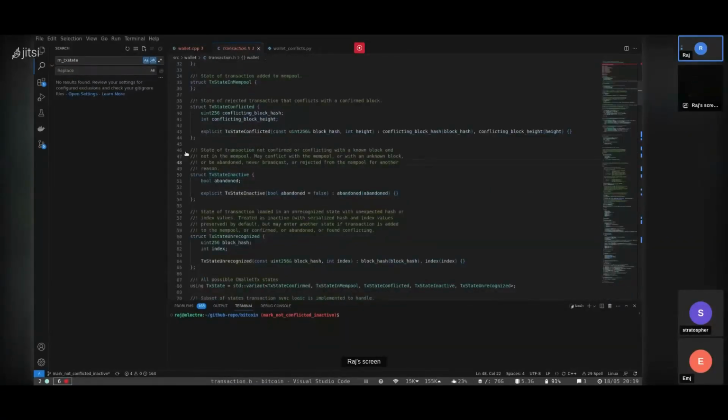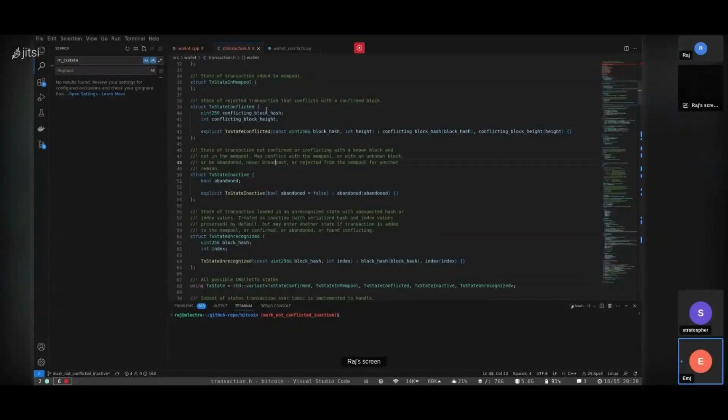The documentation of the inactive state describes it as: not confirmed, not conflicting with anything in a block, and not in the mempool. It's inside the wallet database but nowhere else. Until the wallet chooses to rebroadcast that transaction, it will not go inside the mempool. So in that case, we consider that transaction as inactive.